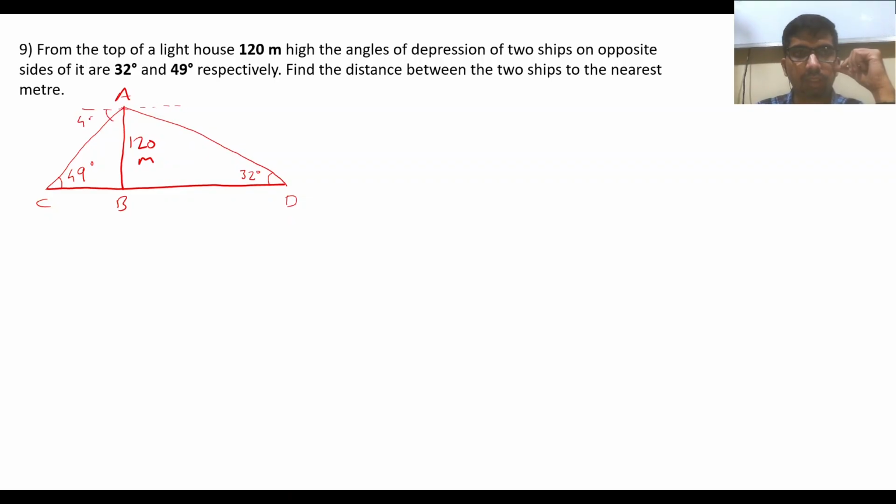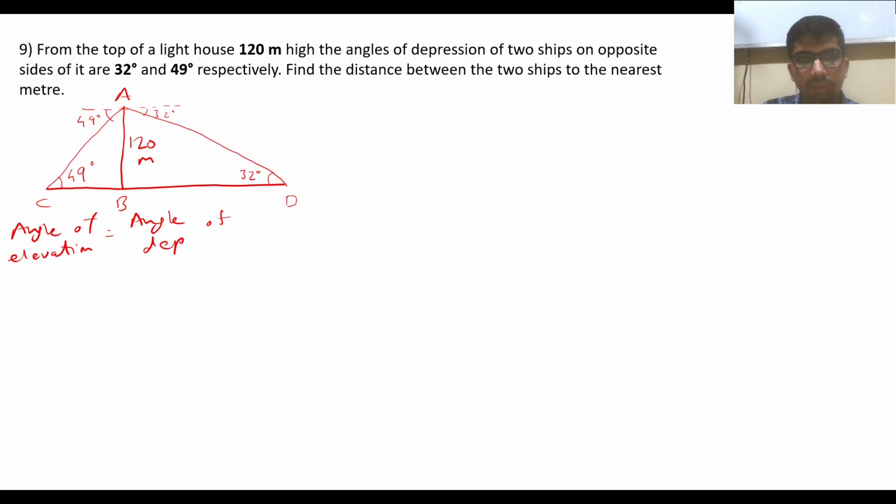So this is 49 degrees and this is 32 degrees. Always write first: angle of elevation is equal to angle of depression. Show off that you are studying. So 120 meters high.